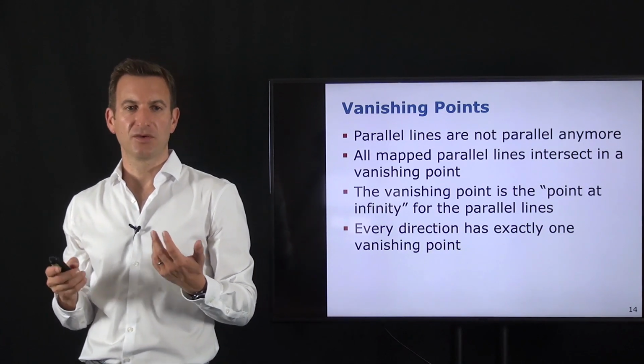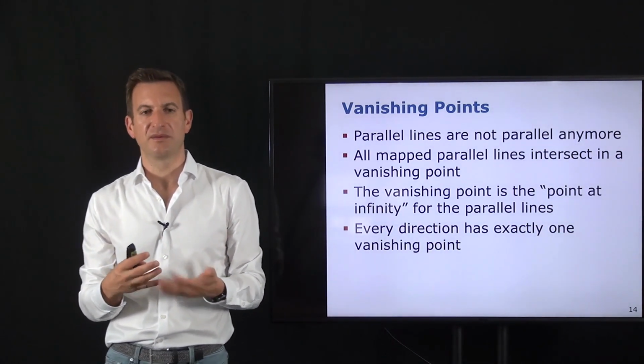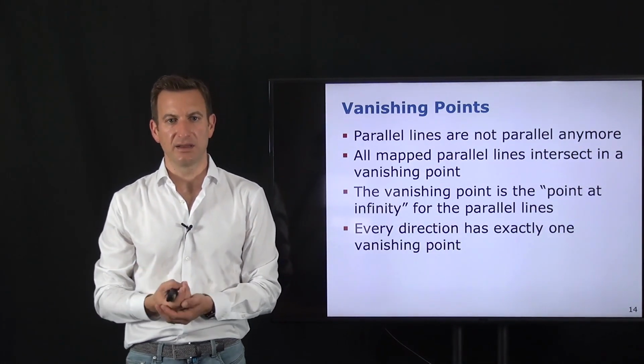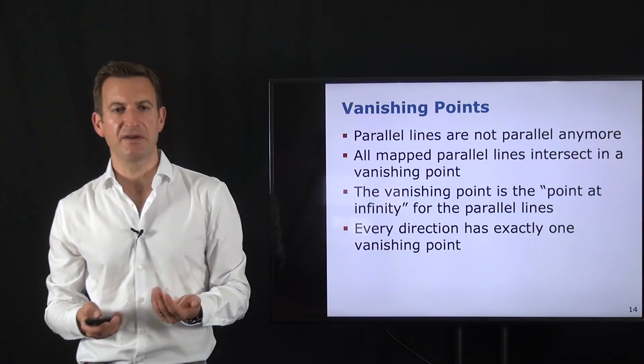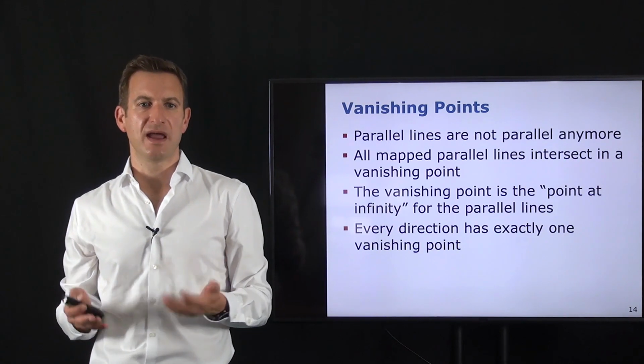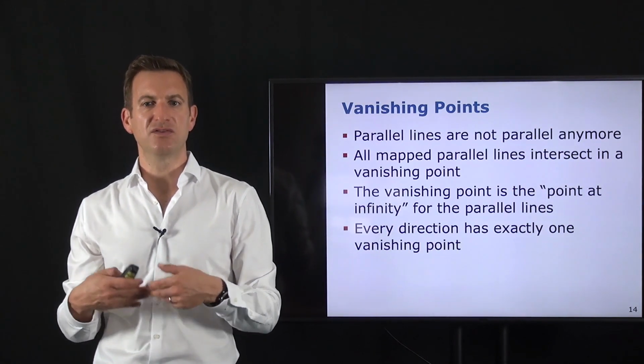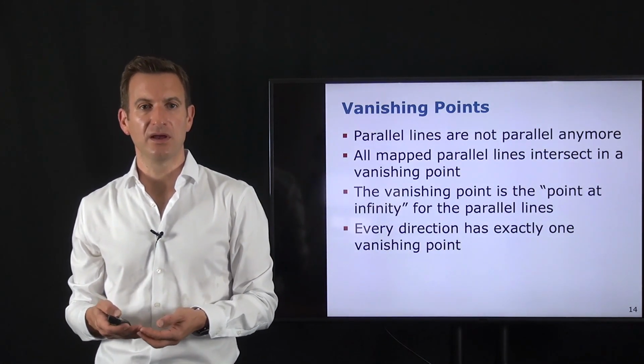And so this is something that, as we will see, we can represent really elegantly with homogeneous coordinates, for example. And if you have parallel lines in our image, then every direction leads to exactly one vanishing point.